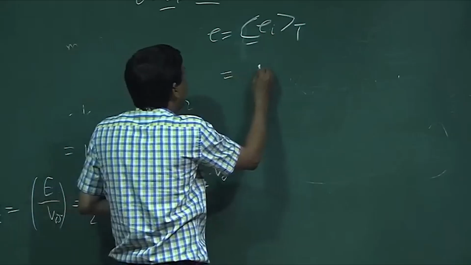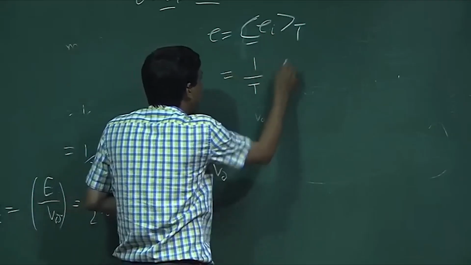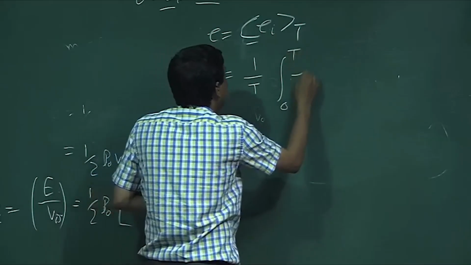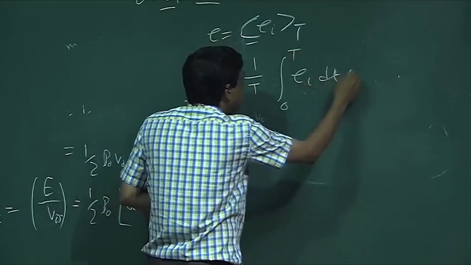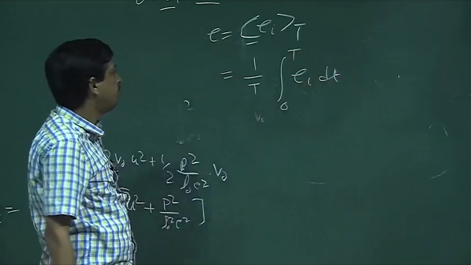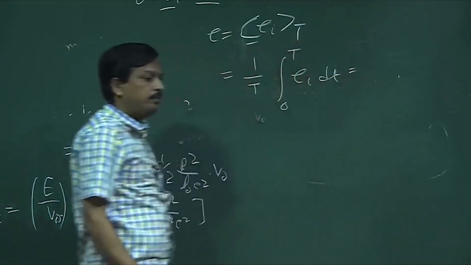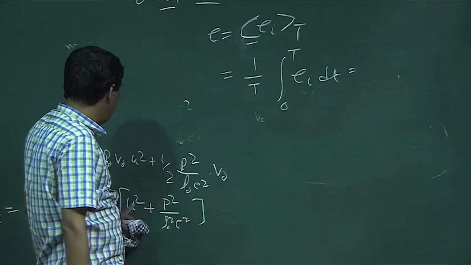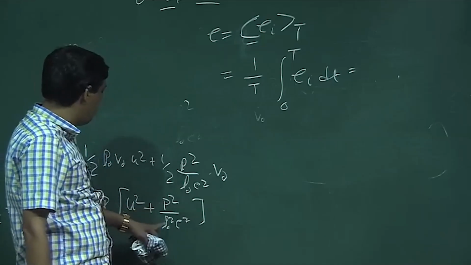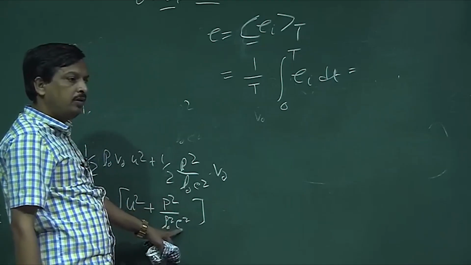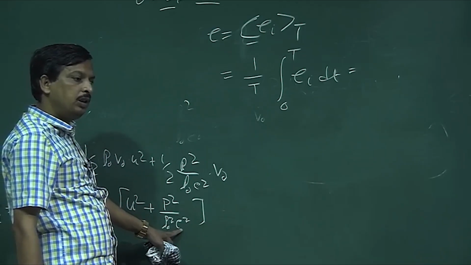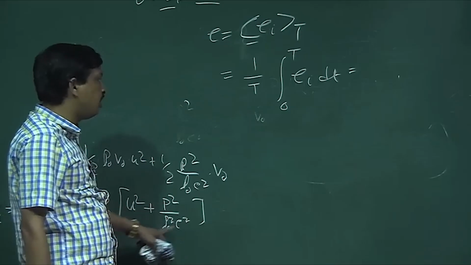So, this is nothing but 1 by T, 0 to T, EI dt. Okay. So, what is EI? EI is nothing but U square plus P square by rho square C square.